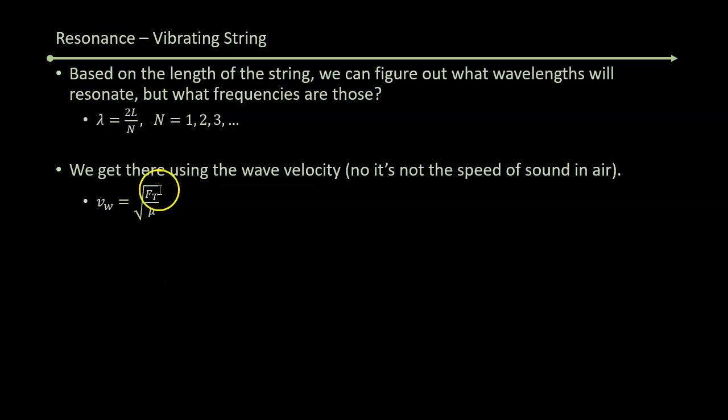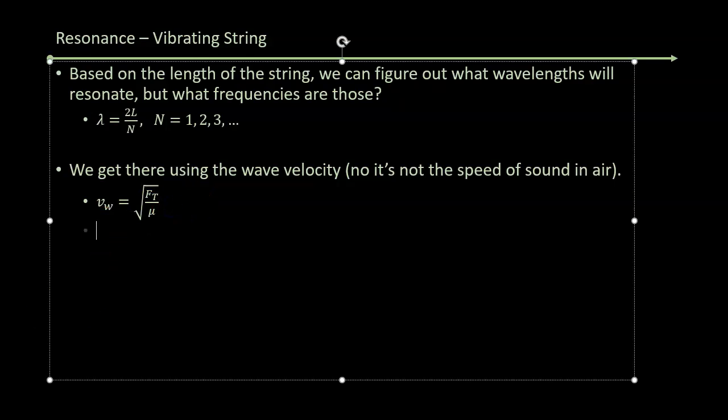That's the wave velocity in the string. And now we can use that wave velocity and this wavelength to figure out our frequency from our good old equation, v sub w equals lambda f. So now we know what frequencies will resonate once we figure out the wave velocity in the string.